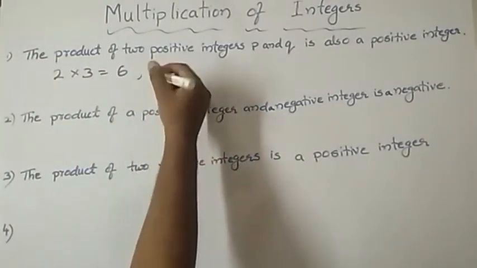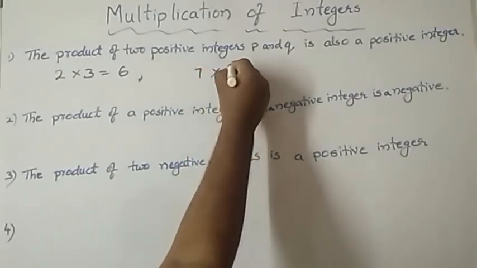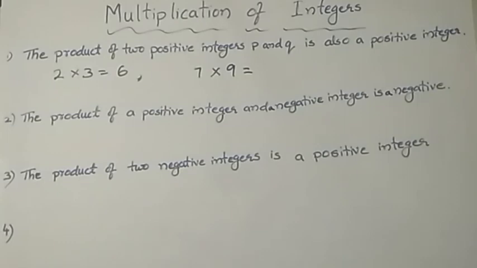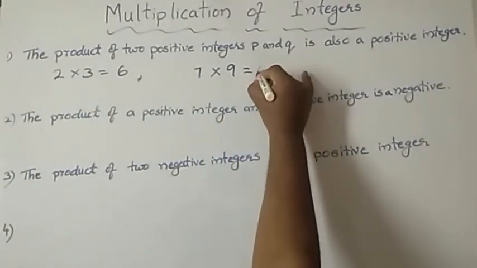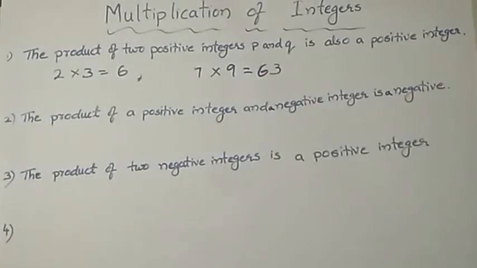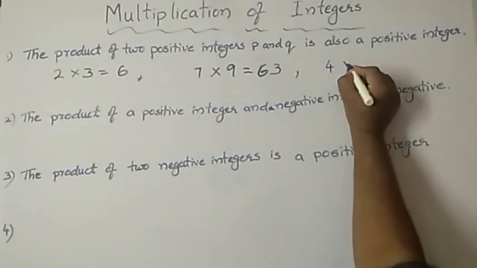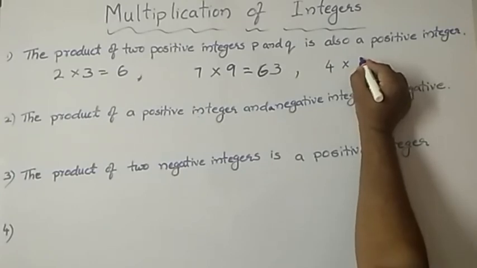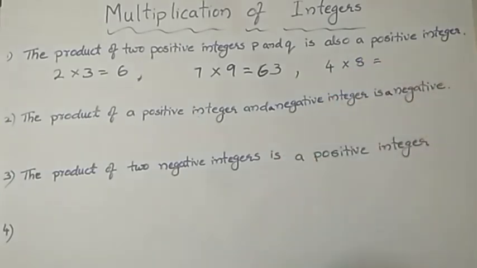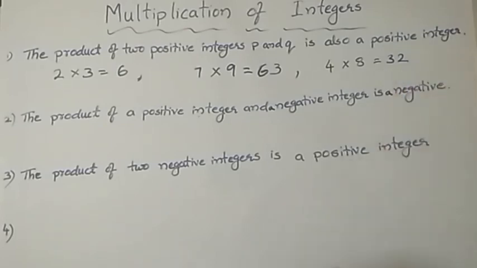We will take one more example. 7 9s means 7 into 9, 63. I will take one more example. 4 into 8. 4 is a positive integer and 8 is a positive integer. 4 into 8 is 32. 32 is also a positive integer.